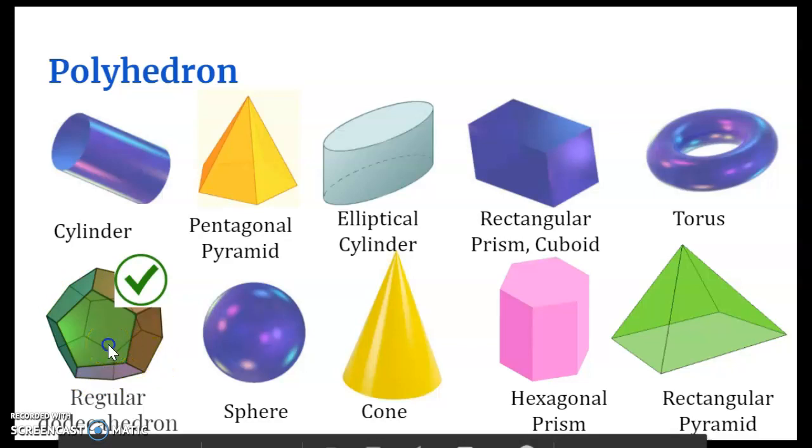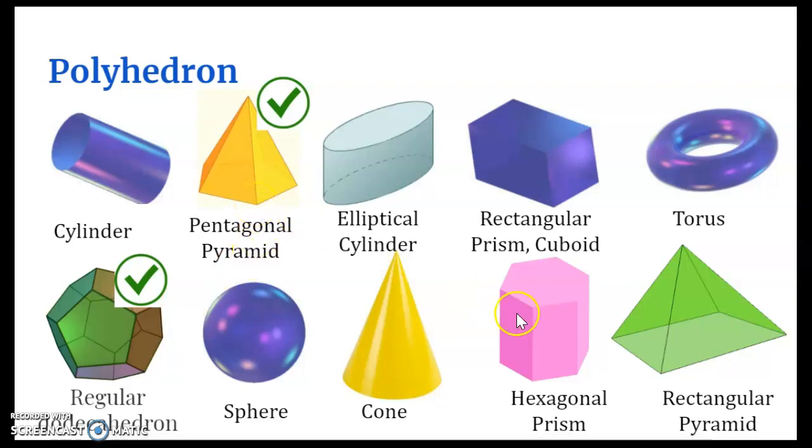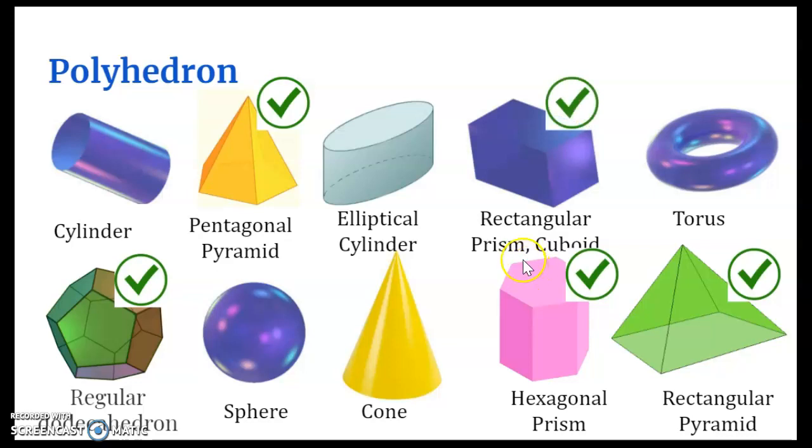Any other polyhedra? A pentagonal pyramid is also a polyhedron, and a rectangular pyramid, and a hexagonal prism, and a rectangular prism, which is sometimes called a cuboid. They are all polyhedra. The others are not polyhedra.